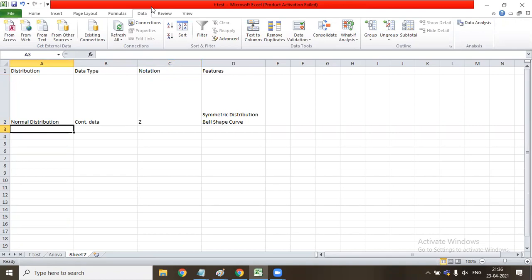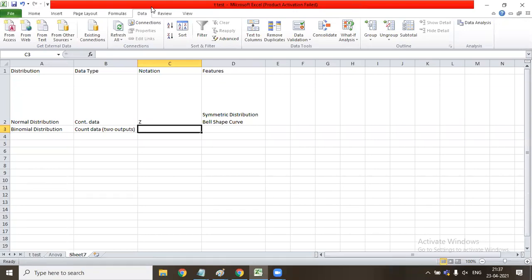The next is the binomial distribution. It works on count data where we have only two outputs, not continuous. That's why the name is binomial, binary. There's no separate notation for it. It is known as an n, p, r kind of distribution, because here we use n, p and r.